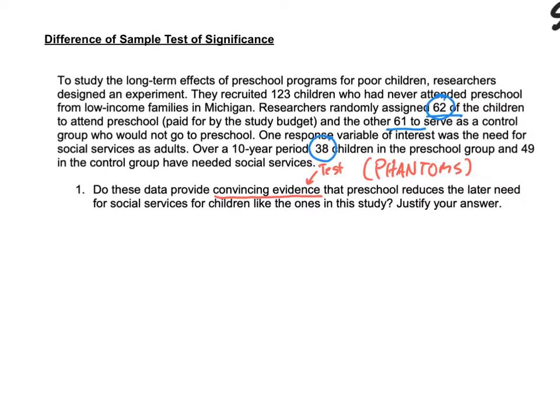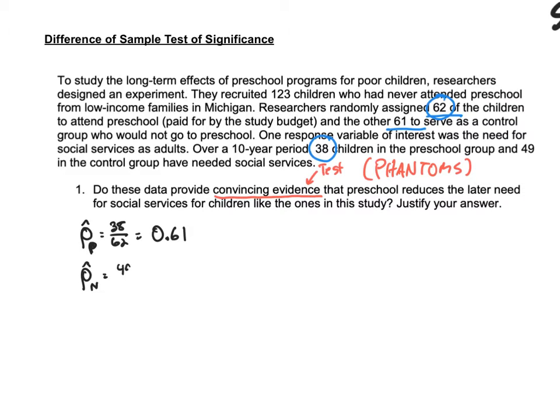So let me actually dial in some numbers real quick because we're going to need them. Proportion of, let's go preschoolers, P hat of P equals 38 out of the 62 needed social services as an adult from the preschool group. So 38 divided by 62, 0.61. And let's go P hat of, and I'm just going to little subscript N, non-preschool.